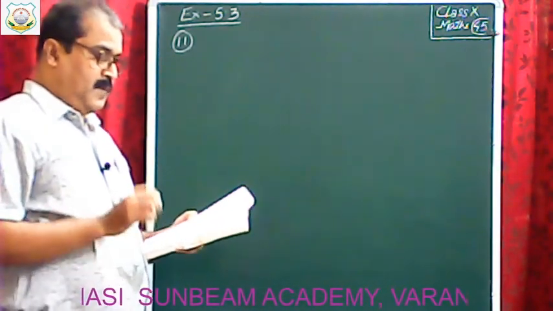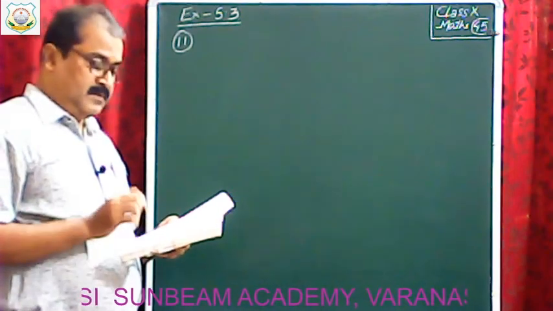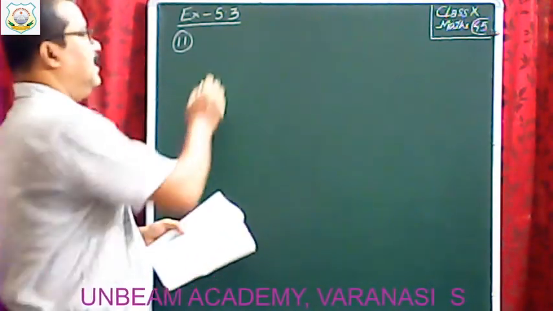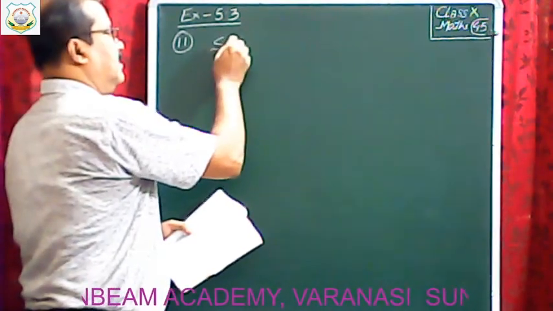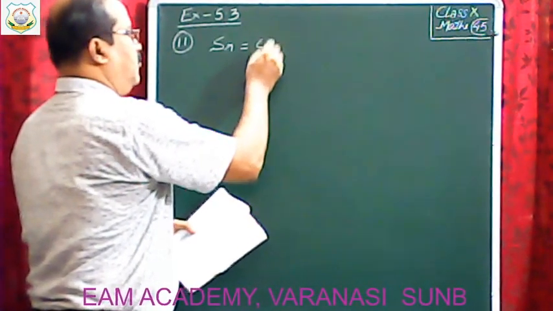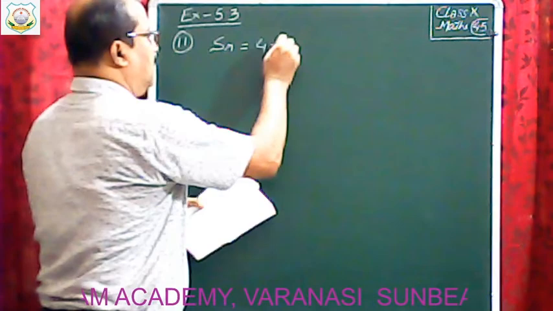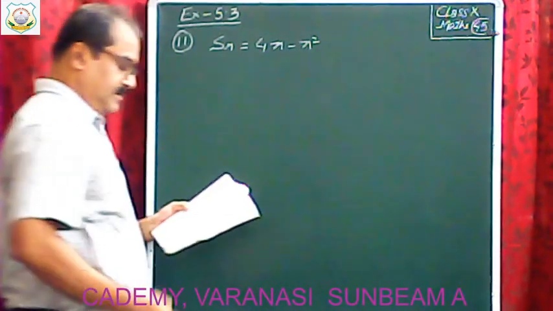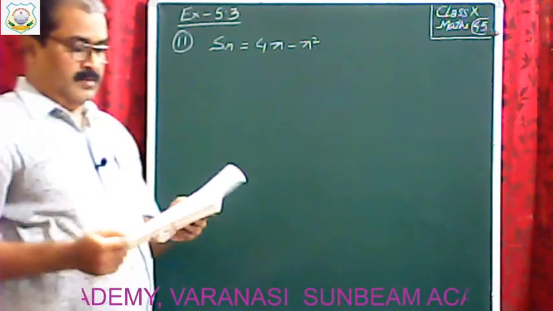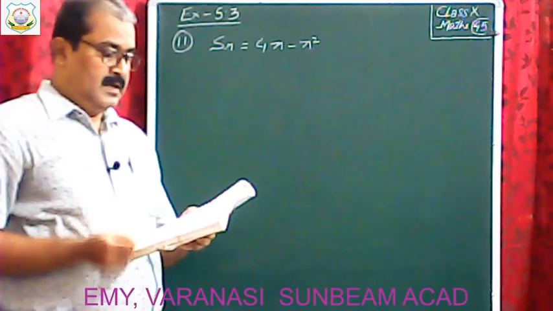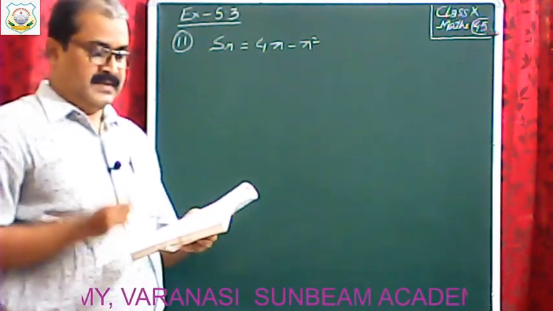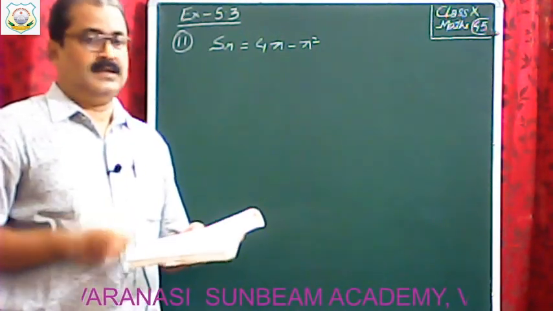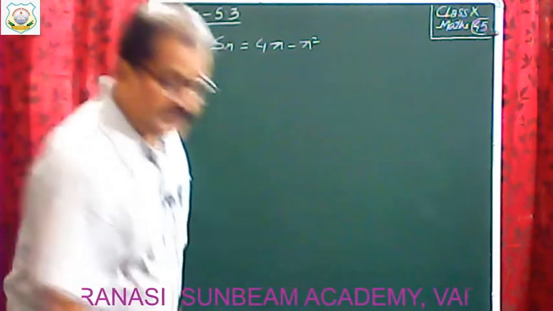The sum of first n terms of an AP means Sn equal to 4n minus n square, it is given. You have to find the first term, sum of first two terms, second term, third term, 10th term and nth term. Let's see how to find out.